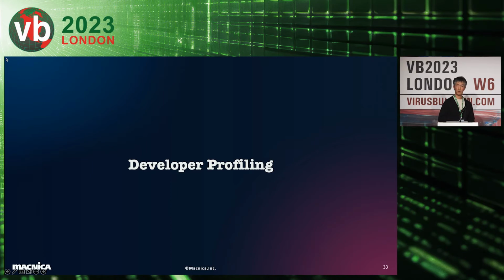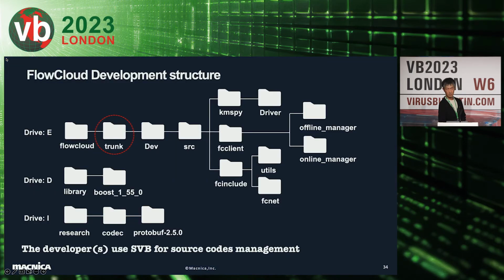And next, I want to consider the developer of FlowCloud. This is the FlowCloud development directory file hierarchy I recovered from the FlCloud DL binaries. We can do that because some file path information is embedded in the FlCloud DL binary.